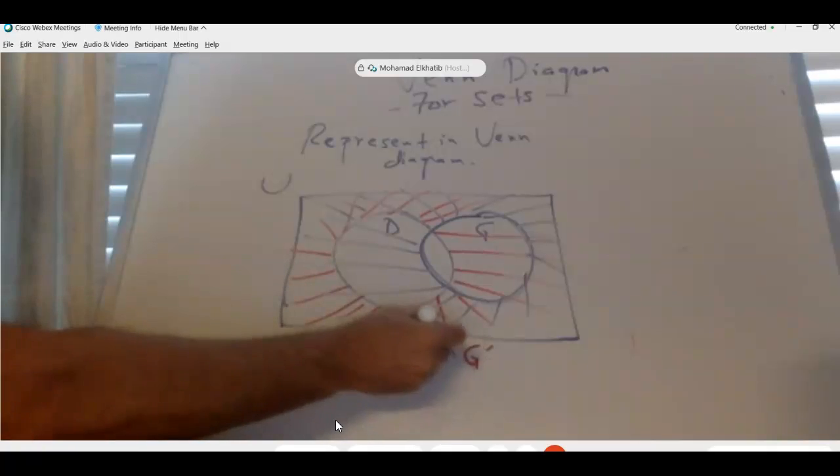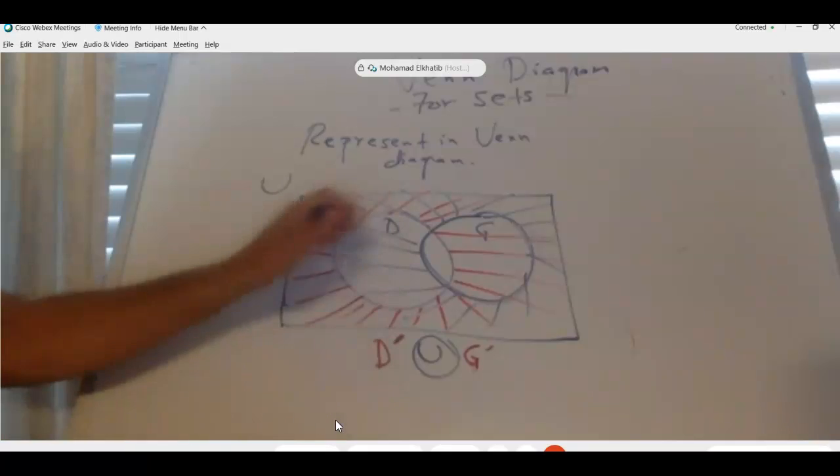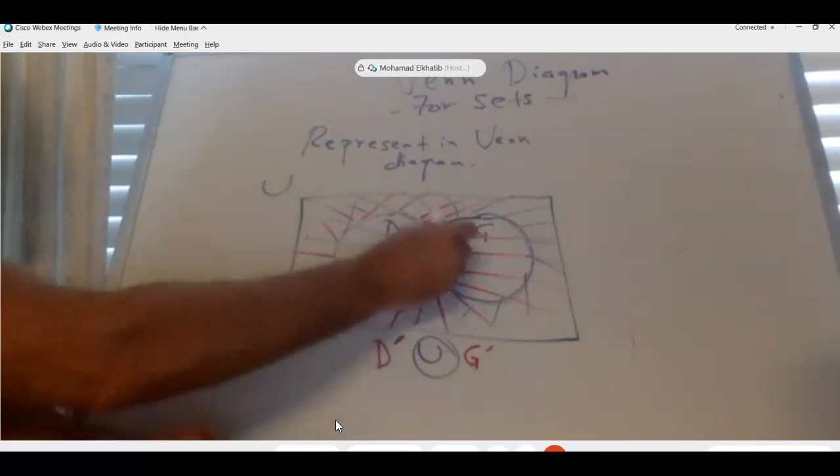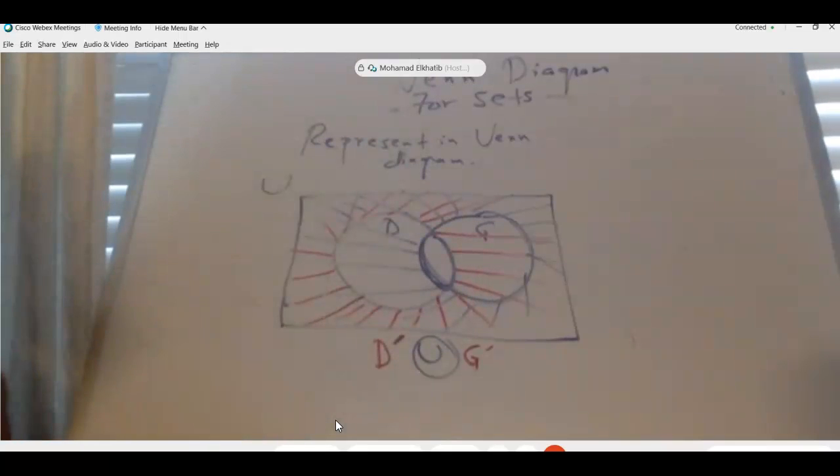So, what is this symbol here? Union. What does that mean? Everything that's shaded is the answer. It's going to be everything except this part right here, and you're done. Union means you take all the shaded part. Okay, are we good?